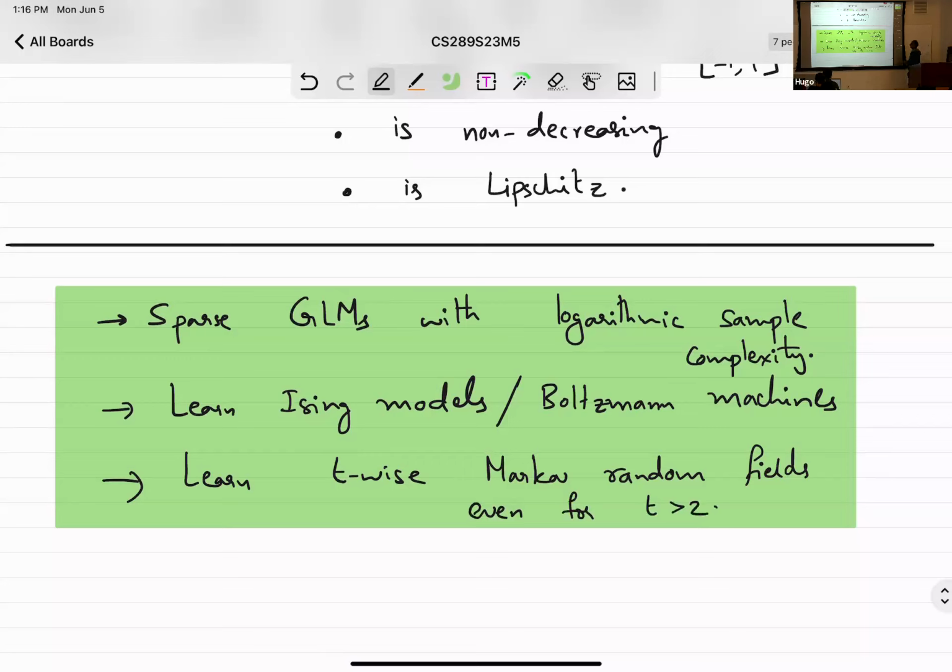Okay, so for higher t, you have to do something slightly different. You don't get a simple GLM. You get a GLM kind of thing, but with a polynomial kernel, and if you know what that is, then you can use that. Okay.